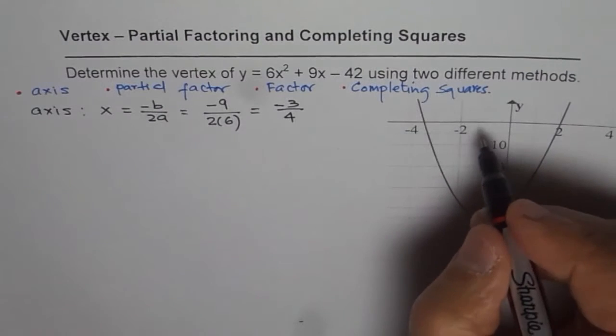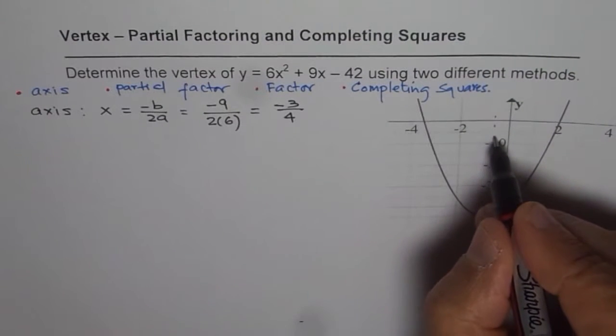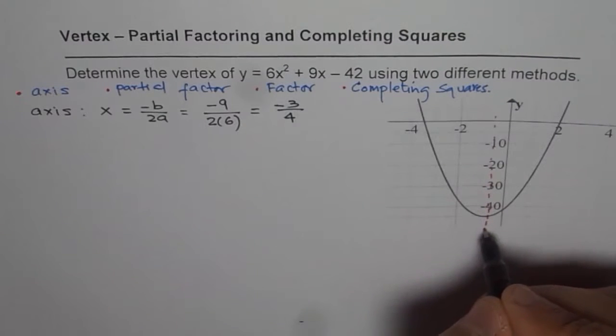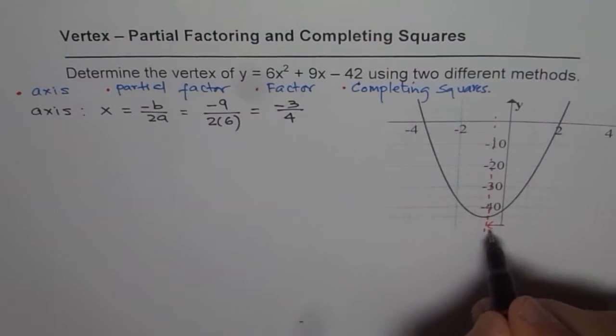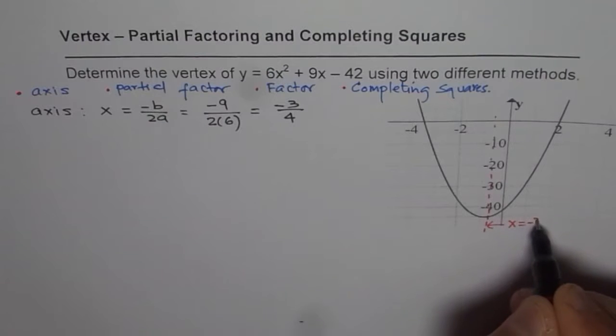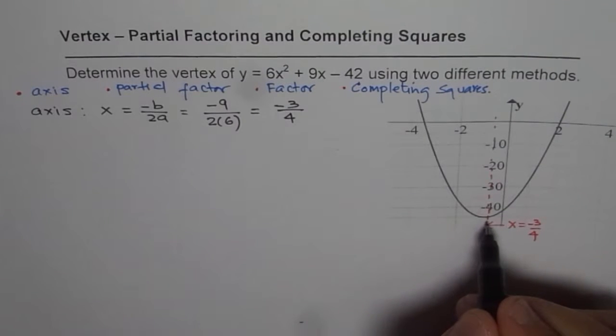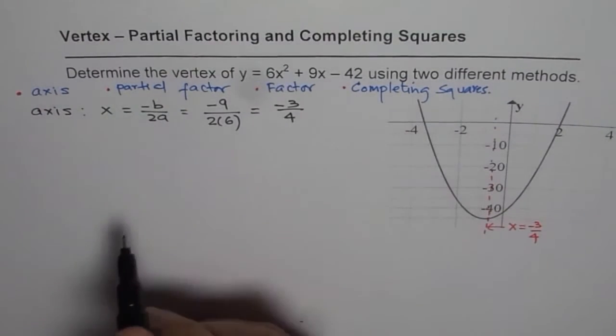That happens to be at x equals minus 3 over 4, somewhere here. Once you find the x value, then the y value you can find by substituting it in your equation.